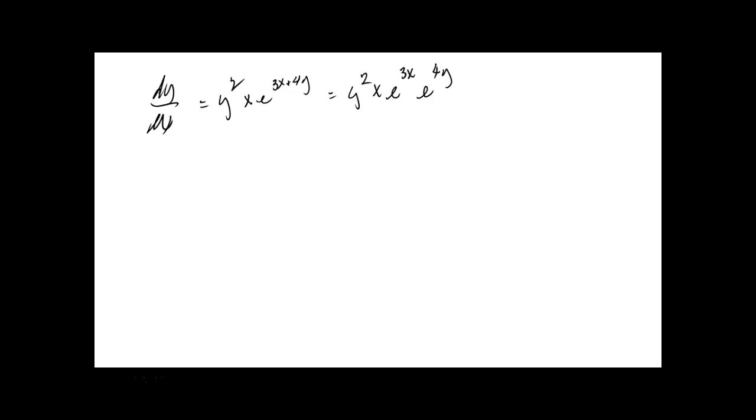It's a rule of exponents, okay? e to the 3x times e to the 4y, same base, keep the base, add the exponents. So you're just doing that in reverse, and now you can write that as y squared e to the 4y, there's your g of y if you want to call it that, times x e to the 3x. And there's your f of x if you are stuck on naming them that way.